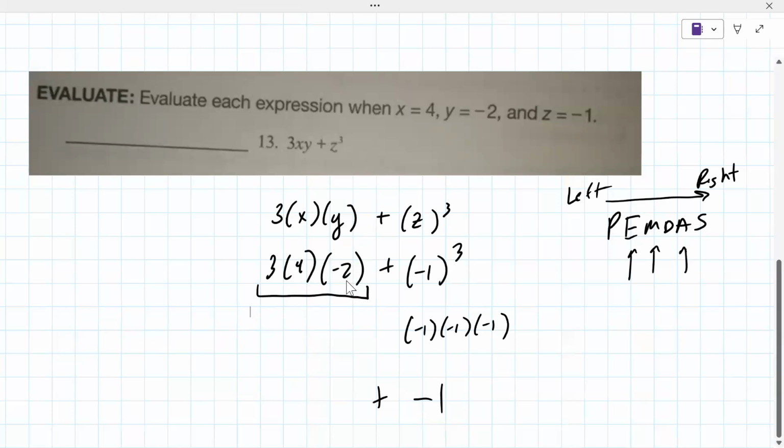What is 12 double? 12 double would be 24, so -24. So we got -24 plus -1. That would be -25.